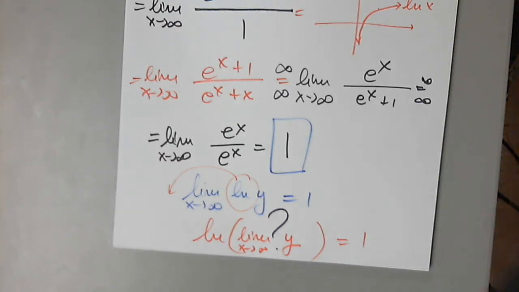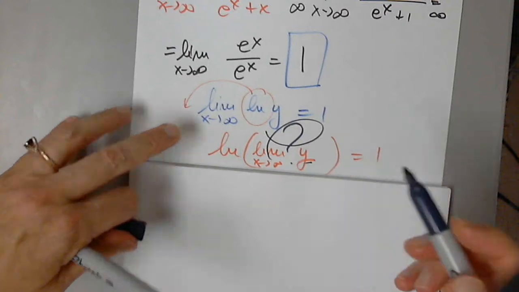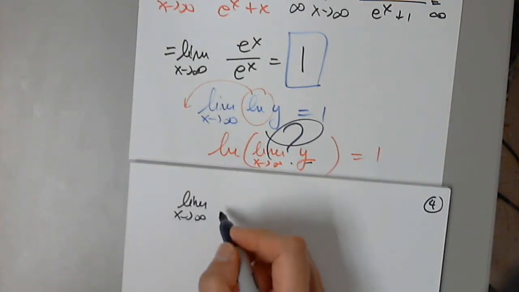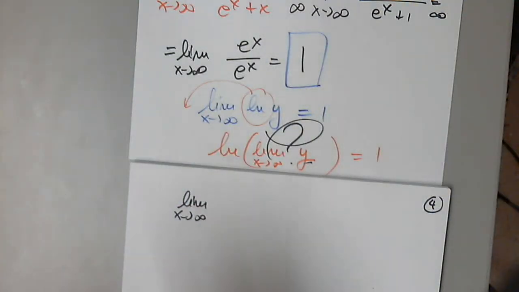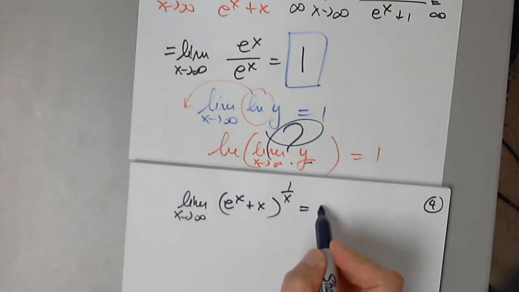Very good. So therefore, indeed, this has to be e. So indeed, limit as x approaches infinity from 3 pages ago, e to the x plus x, everything to 1 over x, is e.